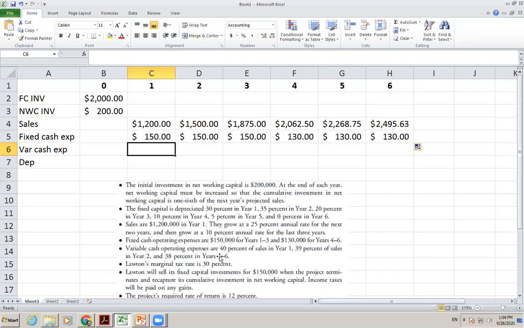Okay, variable cash expenses: 40% of sales, then 0.39 of sales, and for the last, it changes with variable cost, and as you can see, it's 38%. 0.38 times this.